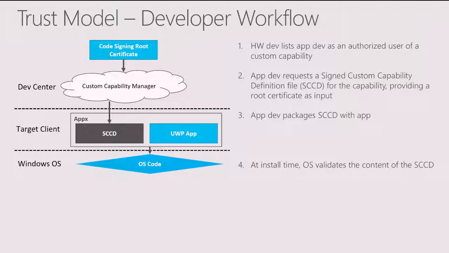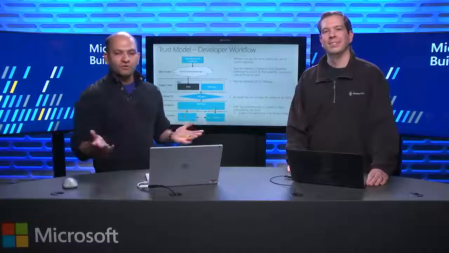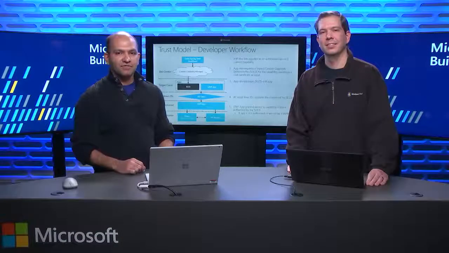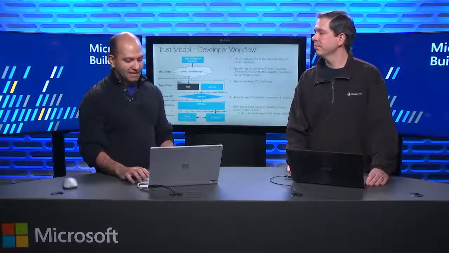And third, it makes sure that the SCCD lists an app that is authorized to use that particular capability. Once all these checks are passed, the OS installs the app, and the app is granted access to that particular system resource. So I think we've talked about the high-level process and shown you code snippets. Now is a good time for us to fire up Visual Studio and demo everything and tie everything together.